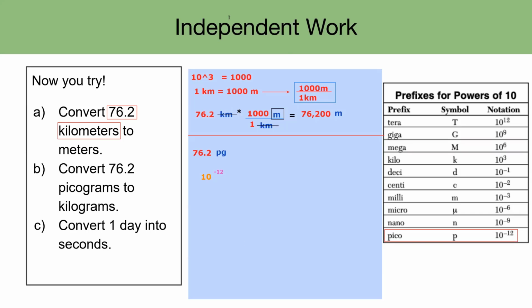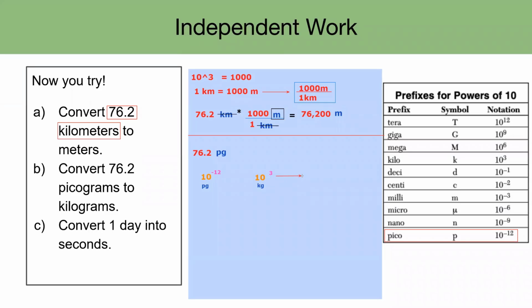And in this case also, we're going to be needing to think about what we have when we are converting to a larger prefix, such as the kilograms that it's requesting here. So for our picograms on one side, we are going to have 10 to the negative 12. What we're trying to get to is the kilograms on the other side, which is 10 to the third.